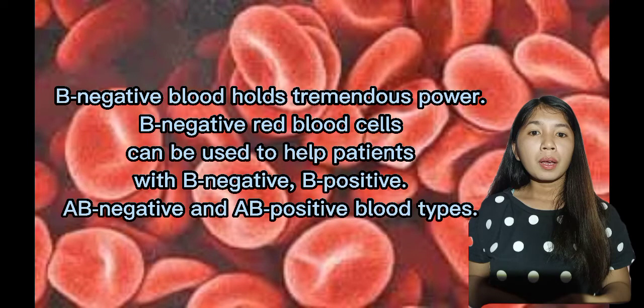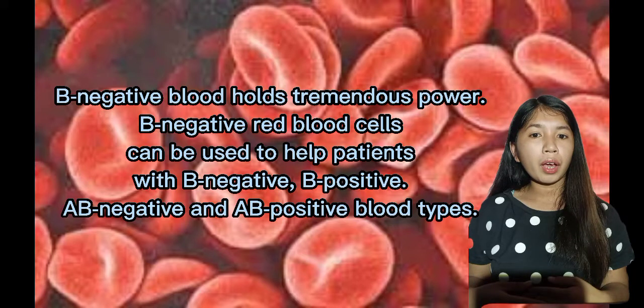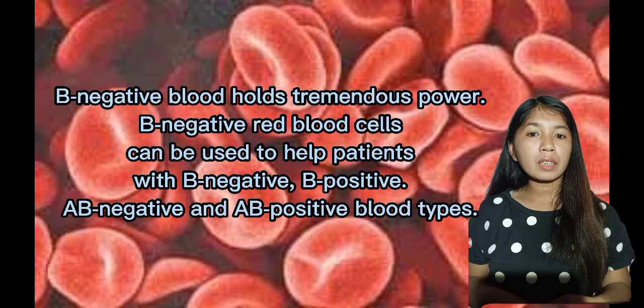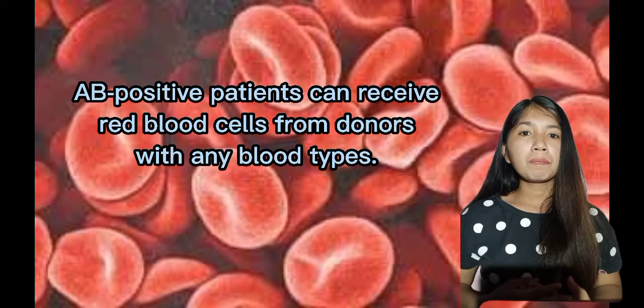B negative blood holds tremendous power. B negative red blood cells can be used to help patients with B negative, B positive, AB negative, and AB positive blood types. AB positive patients can receive red blood cells from donors with any blood type.